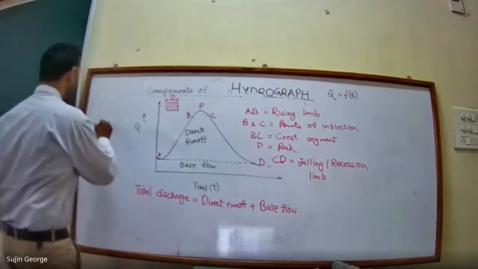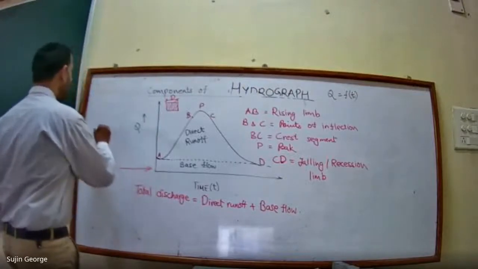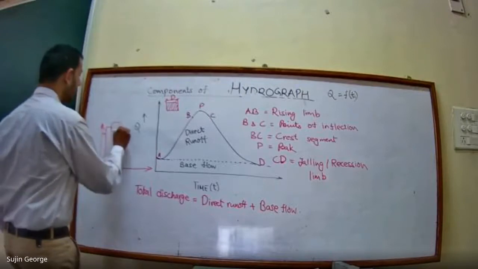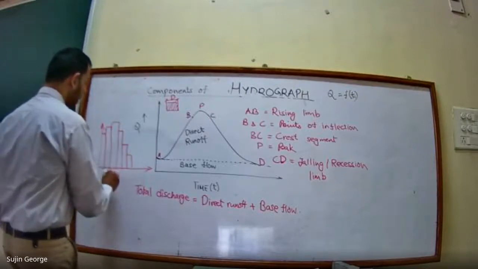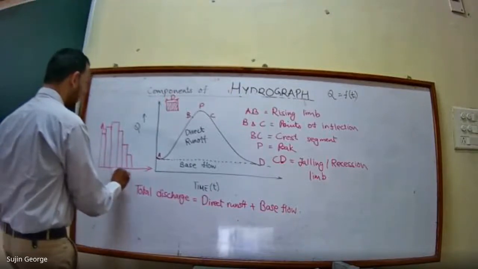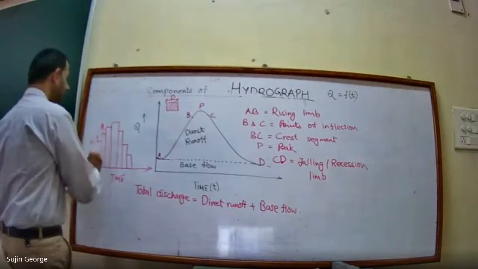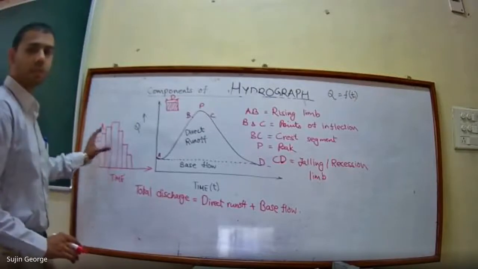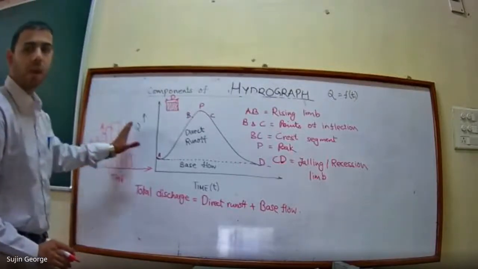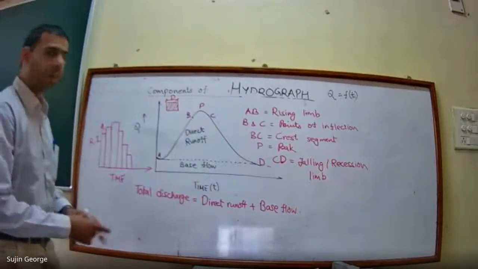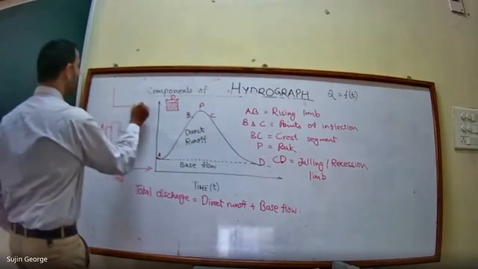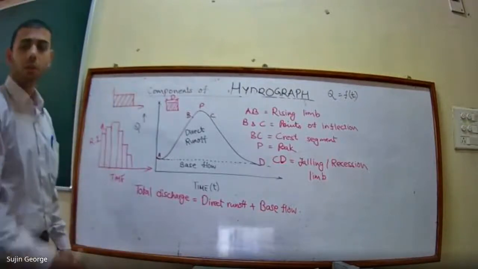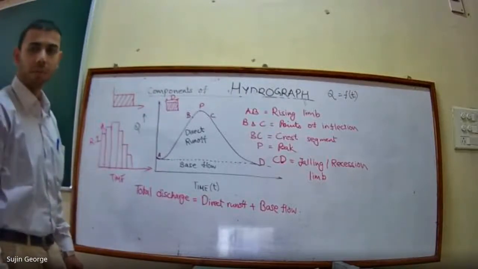Earlier, we used to make a plot between rainfall intensity and time with the help of a hydrograph. There, rainfall was not uniform: for the first hour it has some value, for the next hour it has some other value, and for other hours different values. But in this case, we have assumed the rainfall intensity to be uniform throughout the duration of the rainfall.